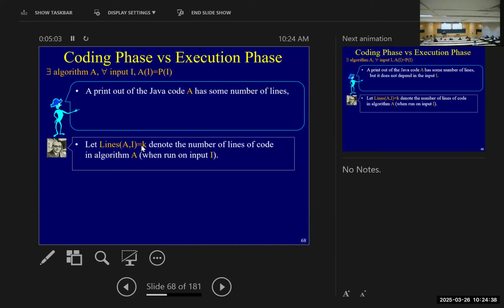This input, this here, is how many lines of code it has, right? And hopefully everyone is saying, why do you have I in there? Because the number of lines of code doesn't depend on the input, right? Were you all thinking that, right? Well, why did I put it in there? So that we could say that, right?